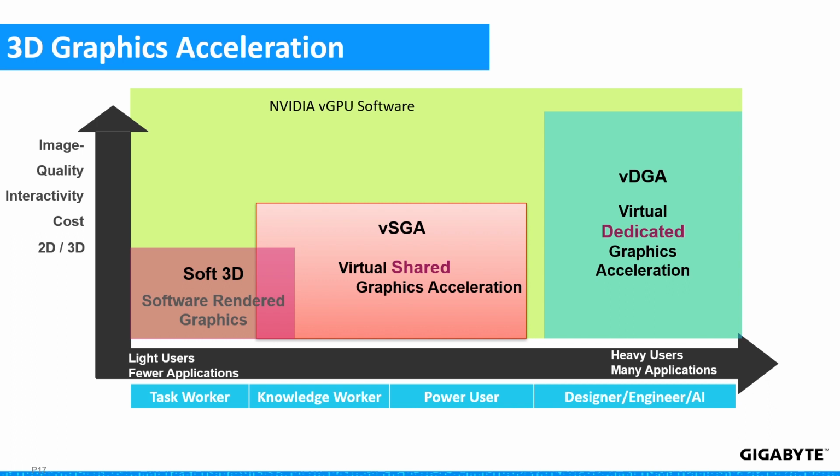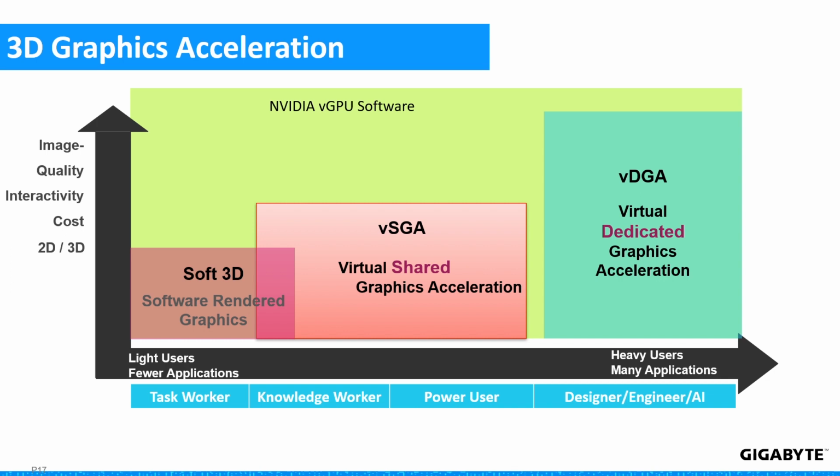Next, the knowledge workers. They may use web browsers or view videos and prefer higher resolution screens, which need GPU acceleration. For virtualization, they could choose VSGA technology, or Virtual Shared Graphics Acceleration, which is used by VMware, and it can make virtual machines from one or many GPUs.